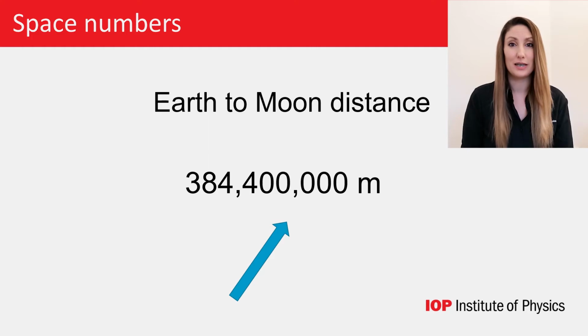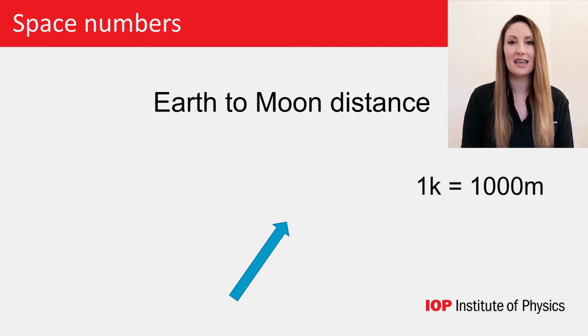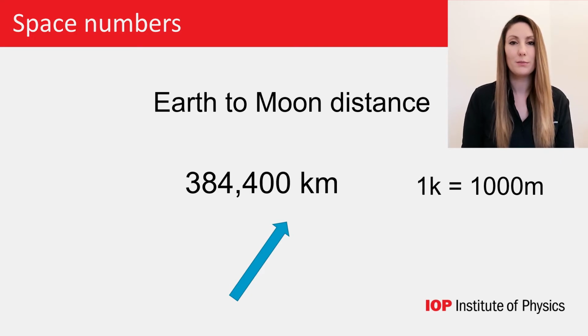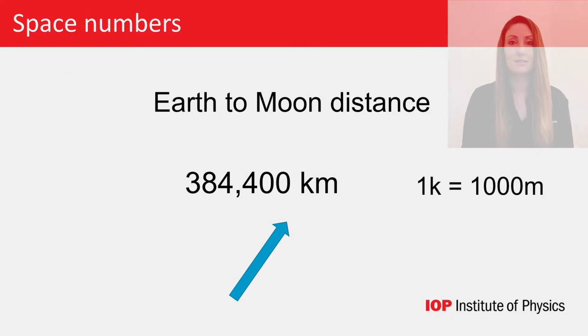That is a lot of zeros, so scientists use prefixes as a shorthand to make the numbers much more user-friendly. The letter K is used as shorthand for 1,000, or 3 zeros, which means we can now write it as 384,400 kilometres, a number which is much easier to handle.